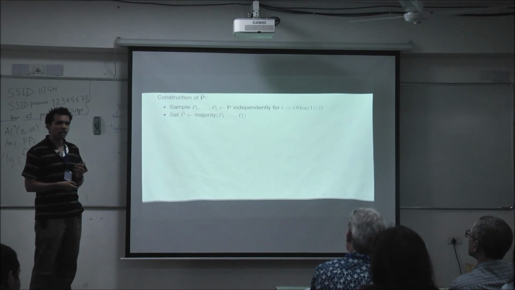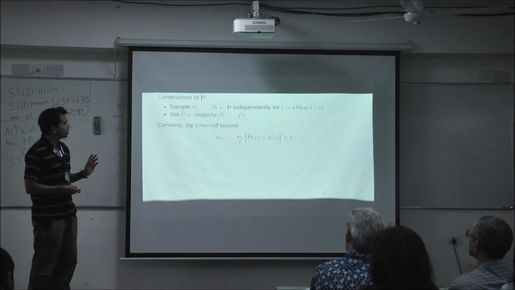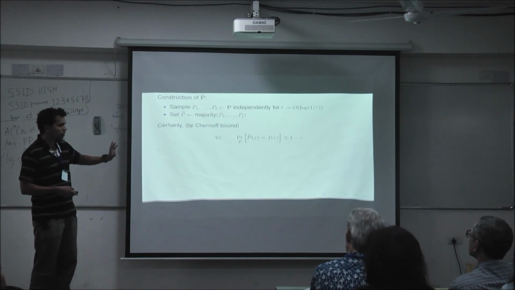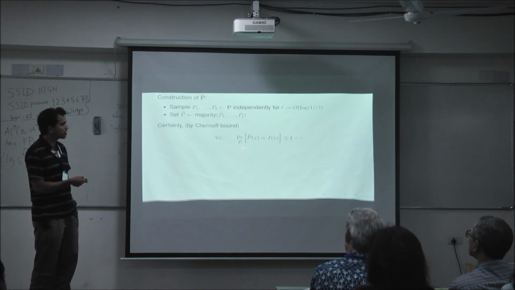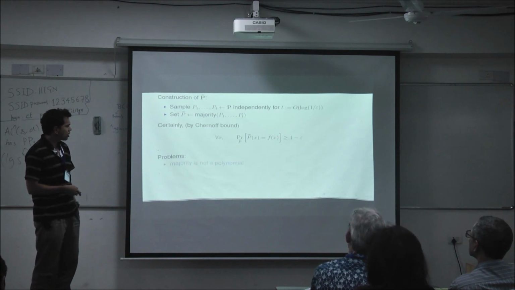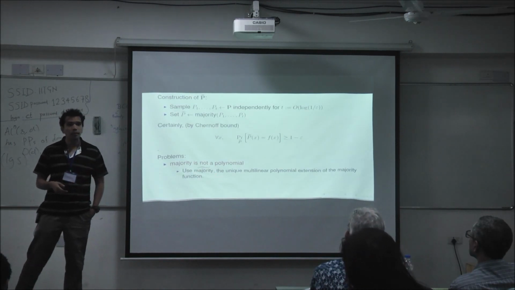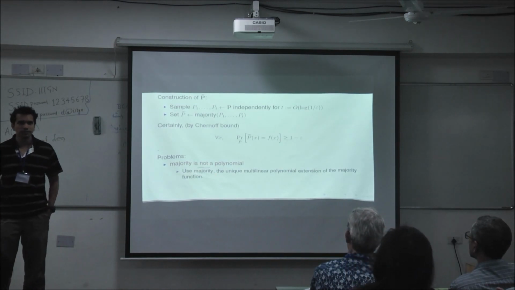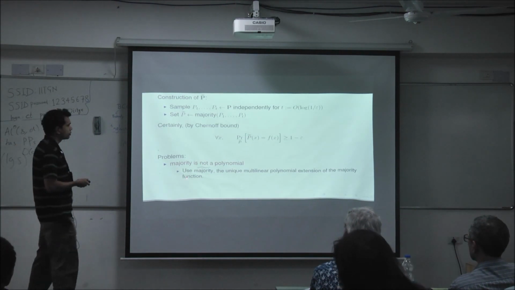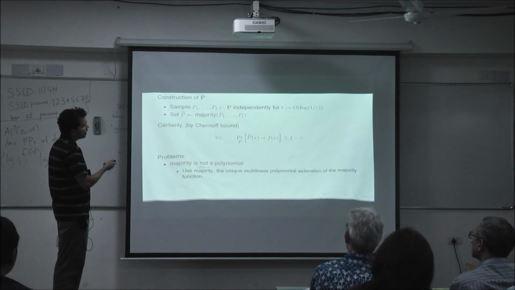It's got to be majority of t bits, some Boolean function of t bits. Once we do this, standard randomized algorithms techniques tell you that you're going to output the right answer with high probability. But what is majority? Majority is not a polynomial, but what we can do is represent it by a polynomial. So we're going to take the polynomials P1 to Pt and put majority on top.